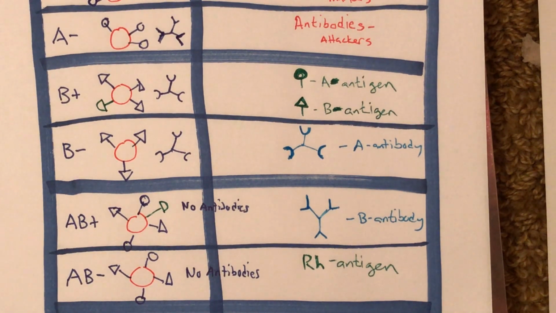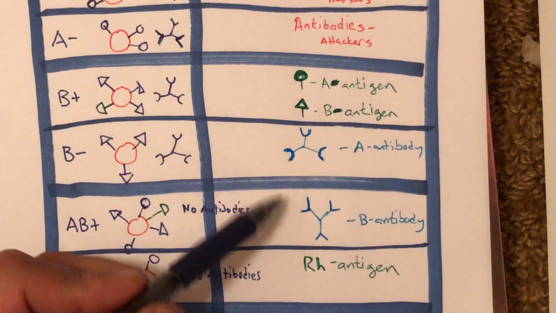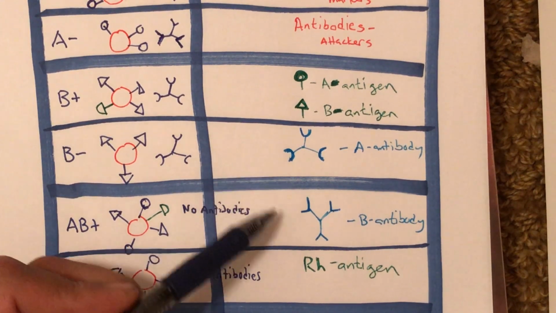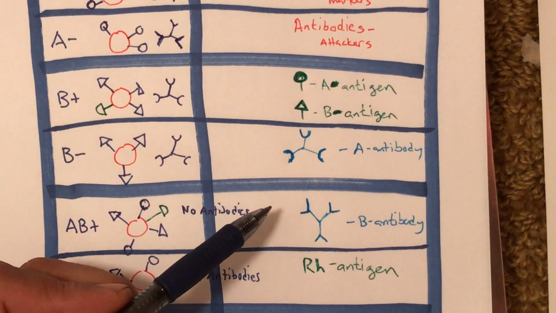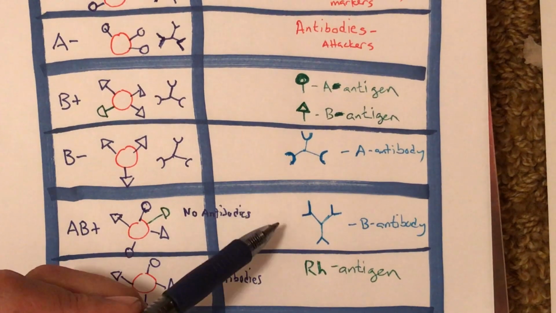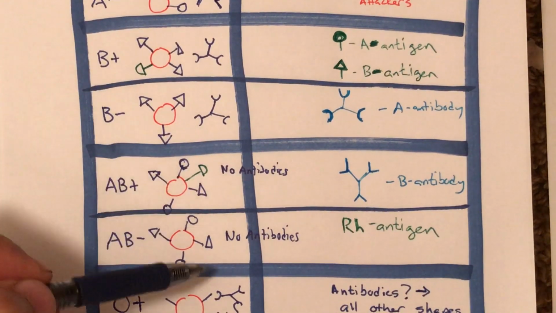So when a person gets sick, when a person gets a cold, flu, what have you, the immune system develops antibodies against those particular invaders. So by exposure, you start making antibodies. But these two we are born with. It's in our genetic code. We didn't have to be exposed to anything to have these antibodies. We are born with them, and that's why we are putting them in all of these different scenarios.